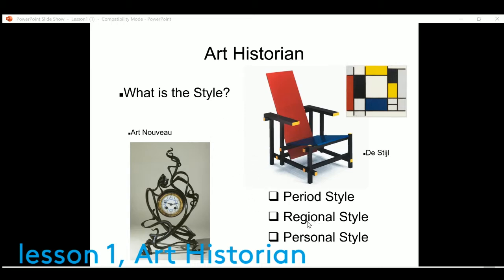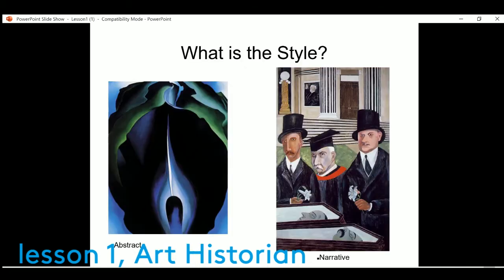Personal style normally goes for an artist, and mostly fine arts, because they are a bit different; they always want to have their own personal touch in art. If you look at this art, it is very abstract.